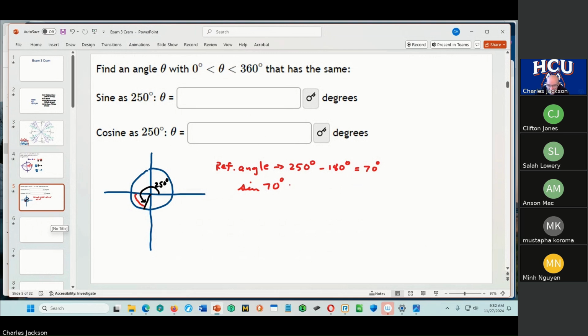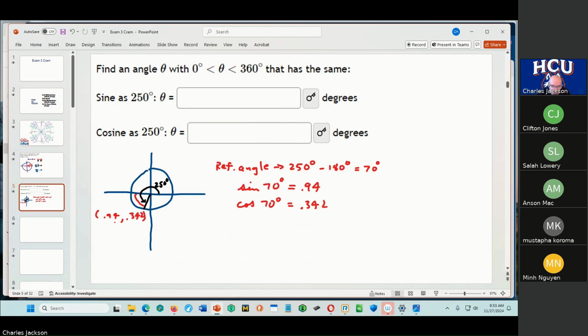For the reference angle, this point here at 250 degrees is approximately 0.94, 0.342.